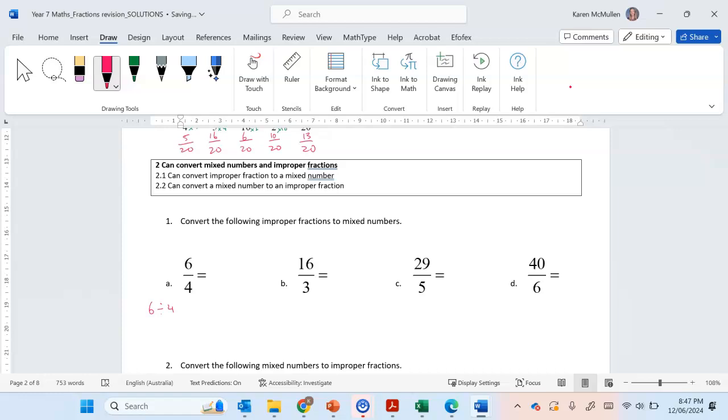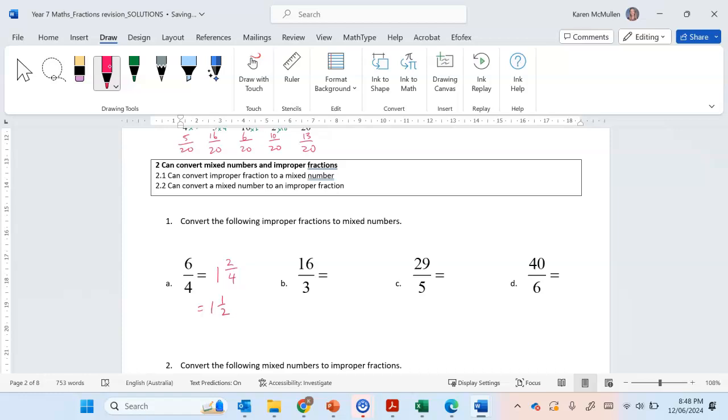So we don't usually write 6 divided by 4. We write 6/4. So this is basically saying how many times does 4 go into 6? It goes in once. And what's our remainder? It is 2. So we write 2/4. So the same denominator. All right, and that simplifies to 1 and 1/2.